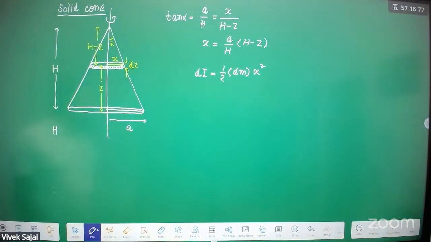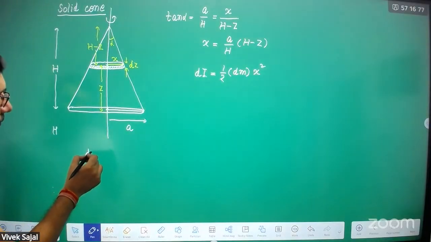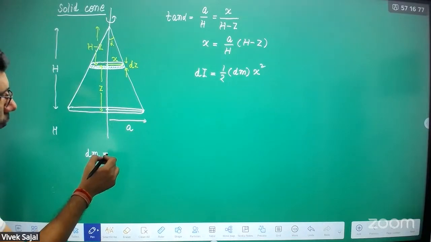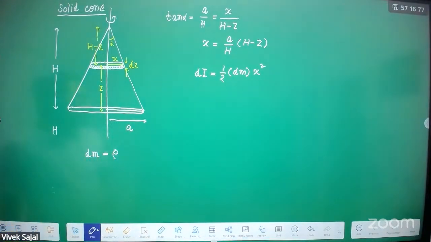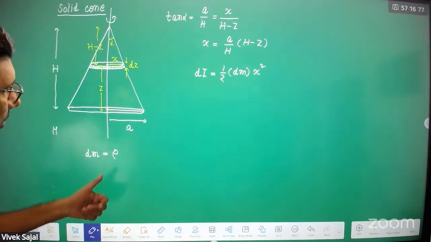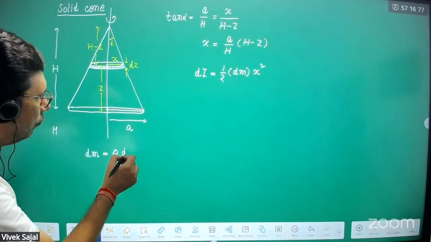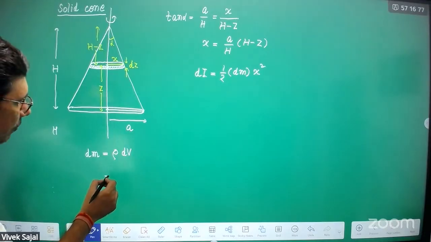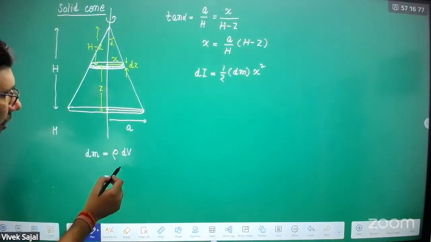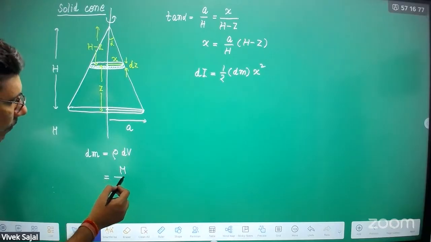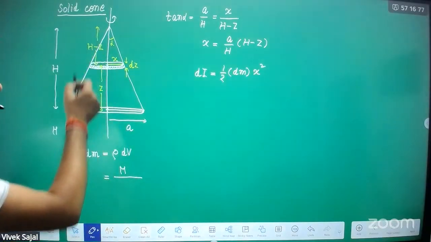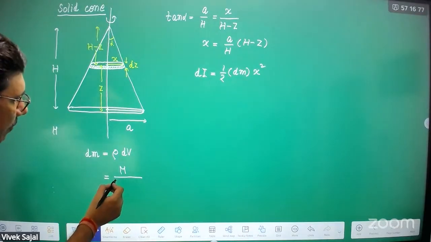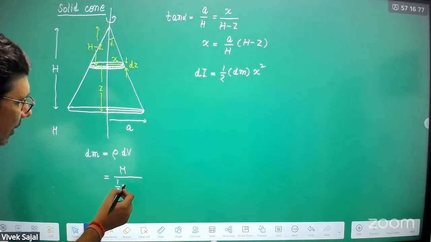Now what will be dm? dm will be equal to mass density multiplied by the volume of the disc. What will be the density here? Total mass is m. What will be the volume of the cone? That will be 1/3 pi a square h.